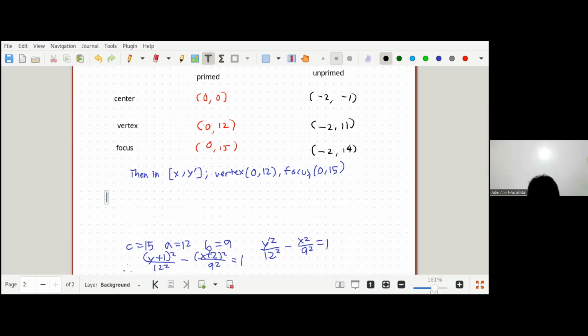So, from the coordinates in the primed system, the major axis of the hyperbola is at the y prime axis.